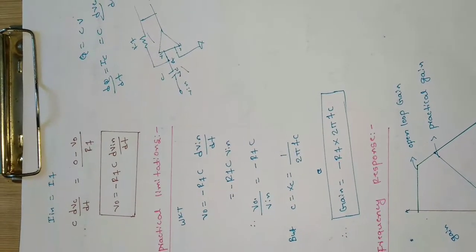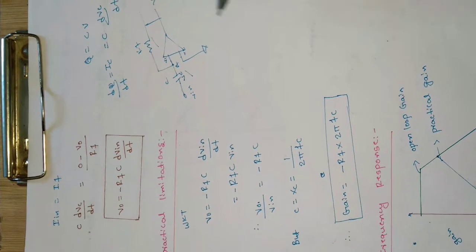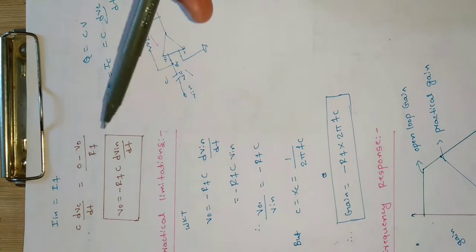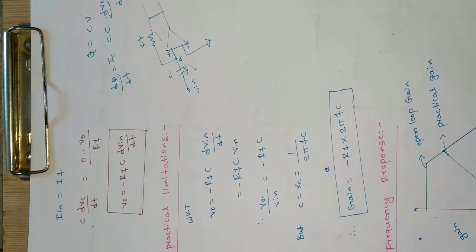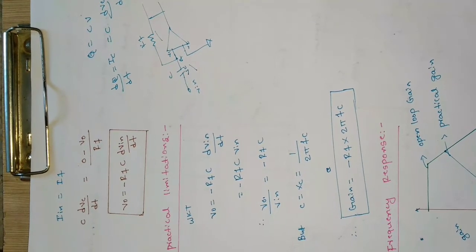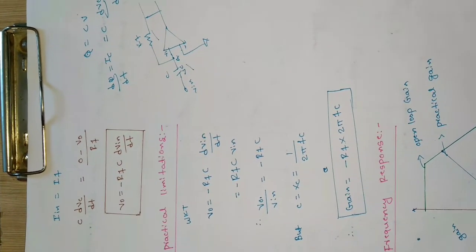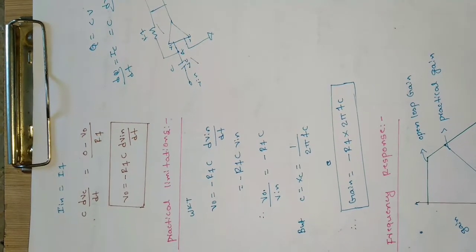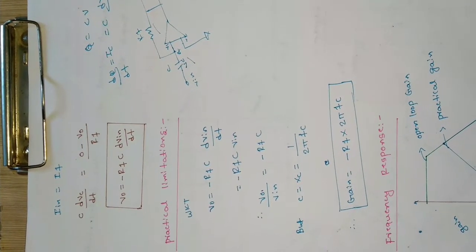As the input voltage changes over time, the output will change accordingly. So this is the output equation: V0 is equal to minus R_F into C dV_in by dt.